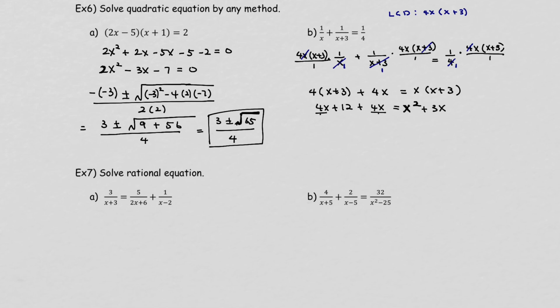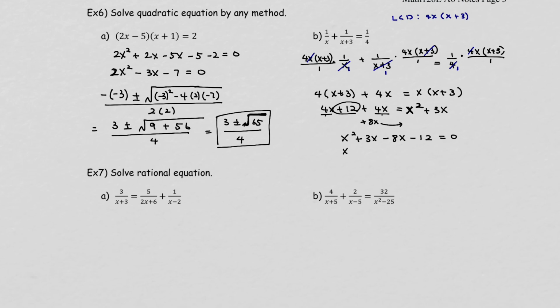So this will be positive 8x, move to the other side, become negative 8x. And then positive 12 to the other side, subtract 12 equals to 0. Simplify this, x squared minus 5x minus 12 equals to 0.